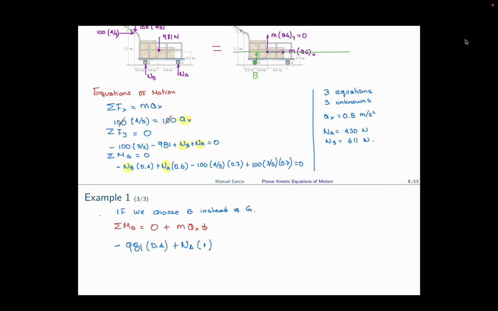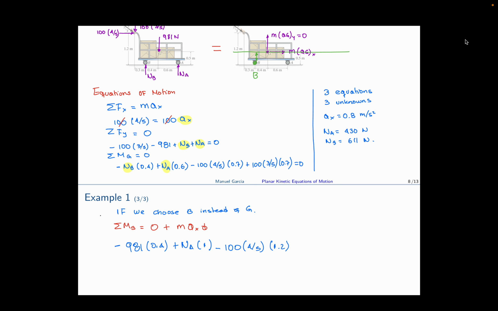NA multiplied by 1, and NB is cancelled because it's passing through B, and then we have the moment of these two components, which is minus 100 multiplied by 4/5 multiplied by 1.2.